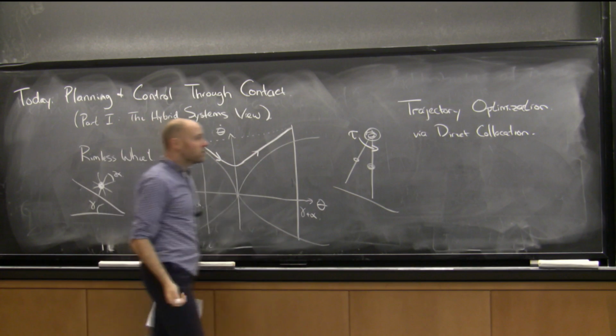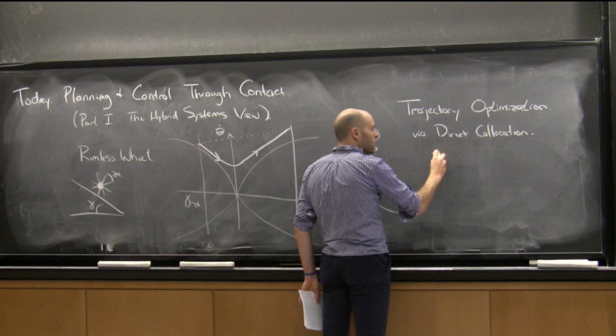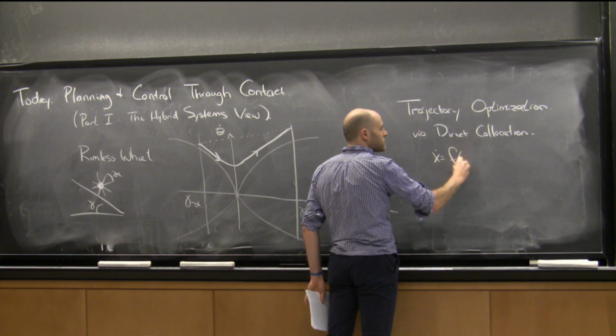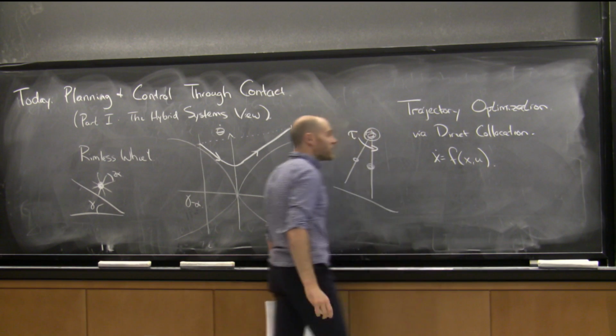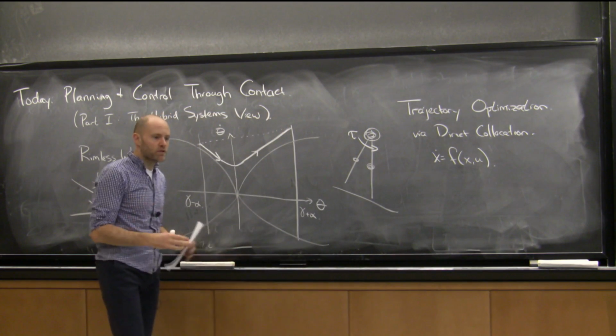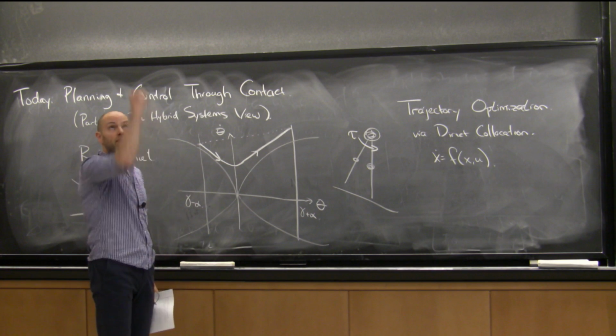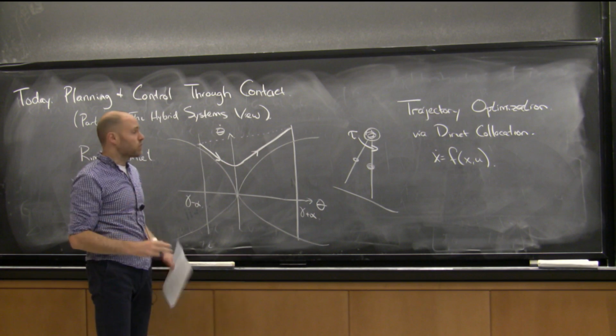So you remember before when I had a problem x dot equals f of x, u, and I wanted to find some trajectory that was of interest, maybe that started at the bottom, ended at the top, minimized some cost function.